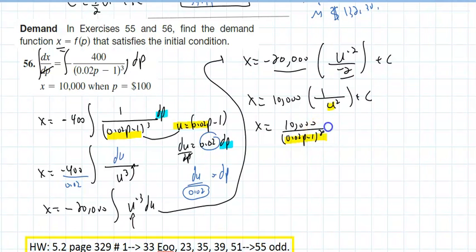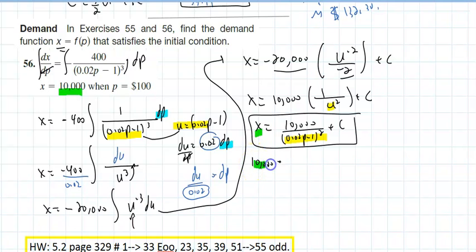So I get the equation. The only thing missing is this c we don't like. That's why they give us when x equals 10,000, p would be 100.